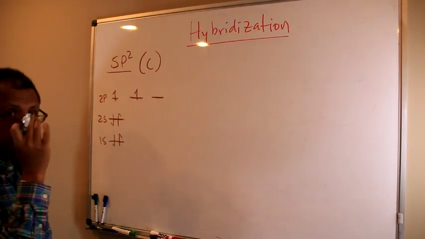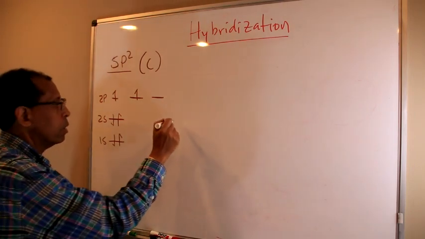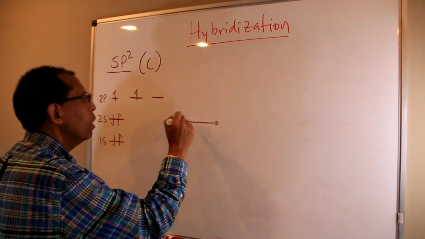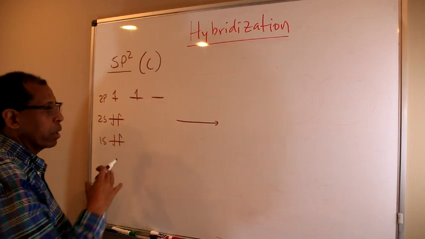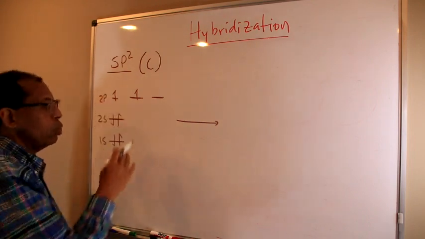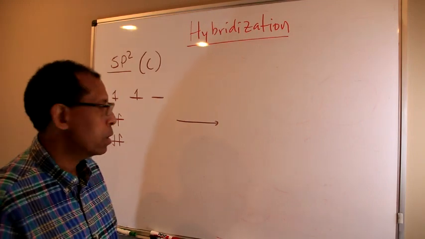So these are just atomic orbitals. When you say it's hybridized, that means in excited states of this, we are trying to make sp2, meaning the 2s and the 2p orbitals are mixed.